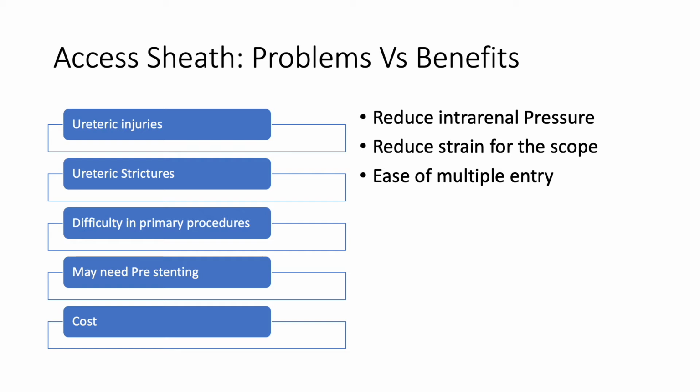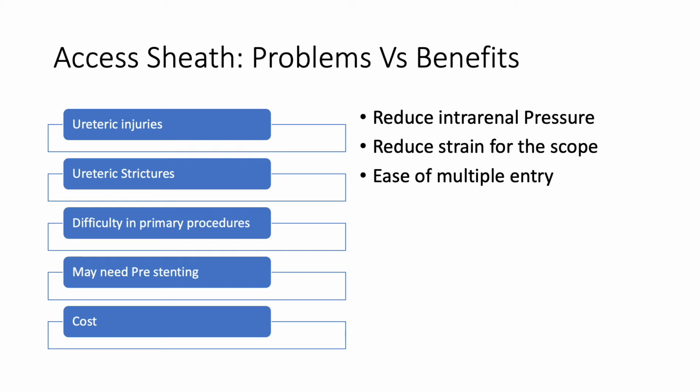And larger access sheaths need to be placed so that we can pass the flexible scope freely through its lumen. This often necessitates preoperative stenting, adding to the morbidity. If you are doing a primary case, we need to have overdilatation of the ureter. And most of the access sheaths are disposable and cannot be reused, and this adds to the cost of the procedure.